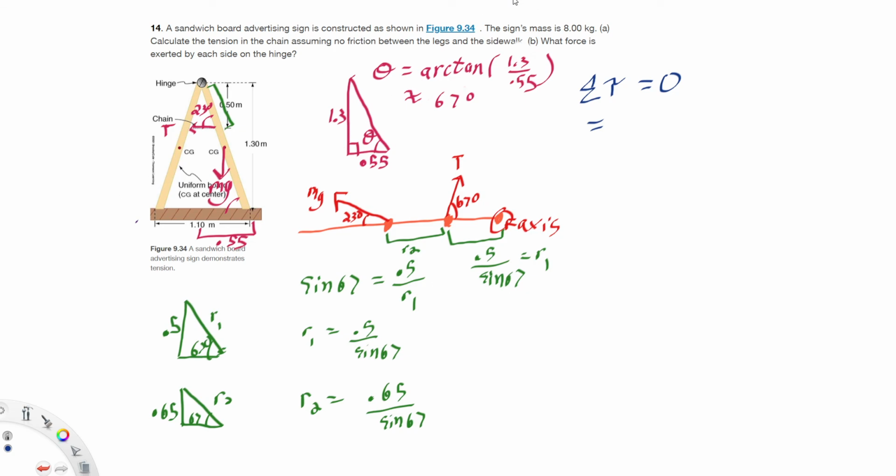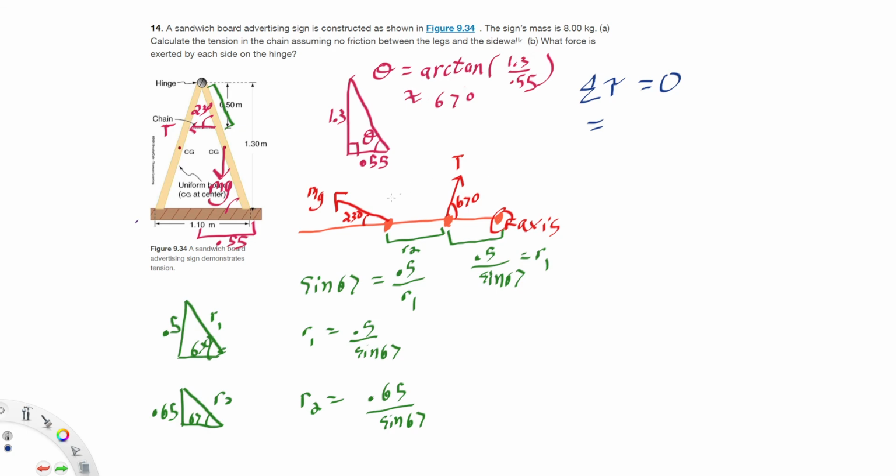Did I draw this thing correctly? Yeah. I mean, both of our... Okay.